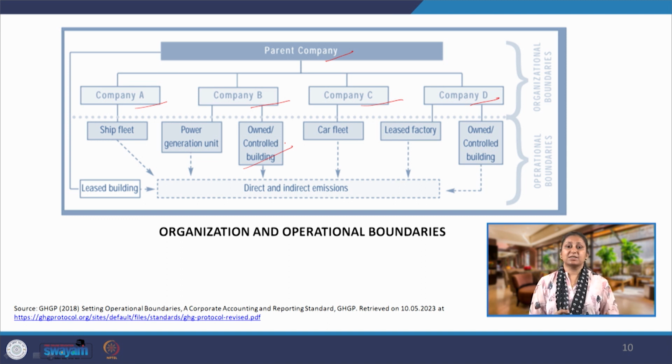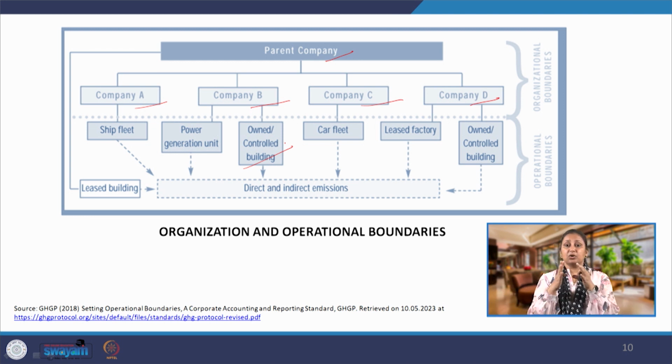I will give you an example. For example, IIT Roorkee has 3 campuses. IIT Roorkee has its main campus, which is situated in Roorkee, and it also has another campus in Saharanpur and a third campus in Greater Noida. Now, as an organization, we have these 3 campuses.